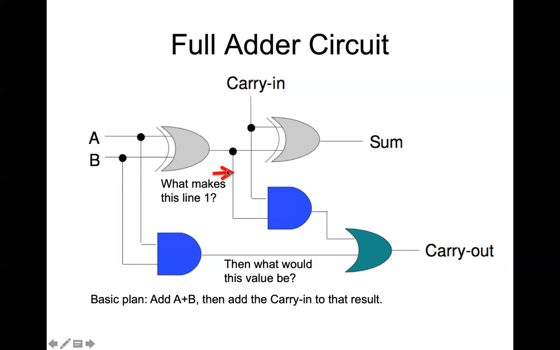So the only circumstances under which this AND gate could produce a 1 force the other AND gate to produce a 0. And so we're not going to have this awkward case where it was possible for both of these carries to be 1. They can't both be 1 at the same time. So we don't need a third half adder here. We can just get the functionality that we want using an OR gate.